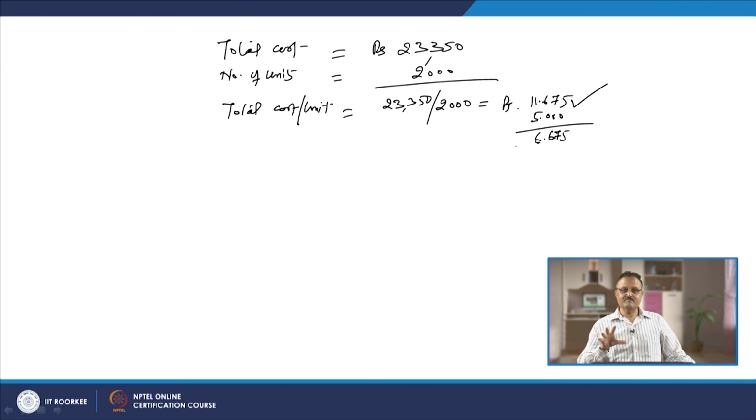This is the ABC, the activity based costing. The difference we are working out with the help of activity based costing is 6.675 rupees, whereas otherwise this cost was coming up as 5 rupees. So, what is the problem?